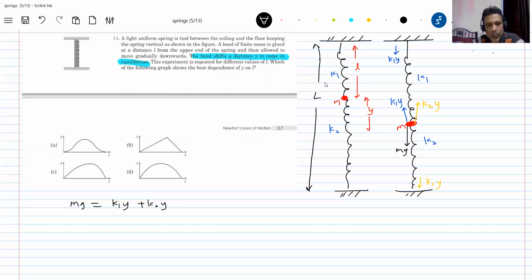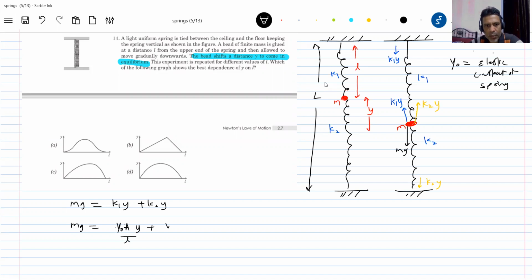Now, what is spring constant? I'll give the formula. It depends on Young's modulus, the elastic constant. Y naught, I'll call it. K1 equals Y naught A by the length, and the length is L. Y naught is Young's modulus, what you call the elastic constant of the spring material.